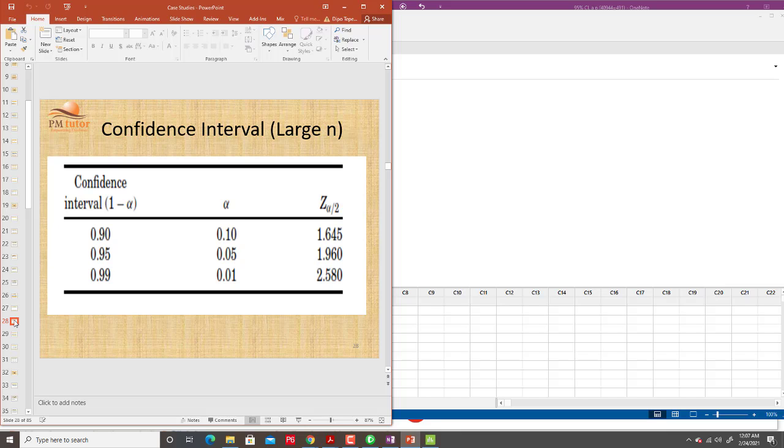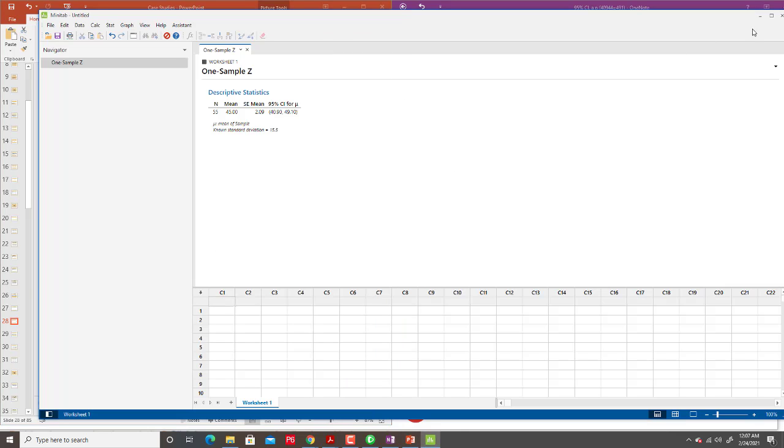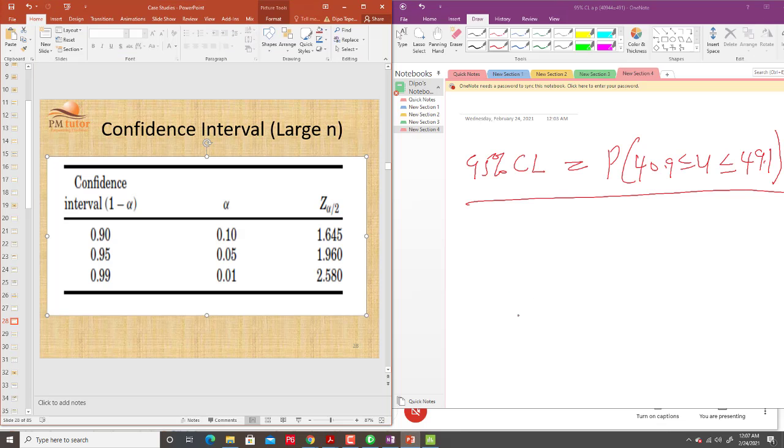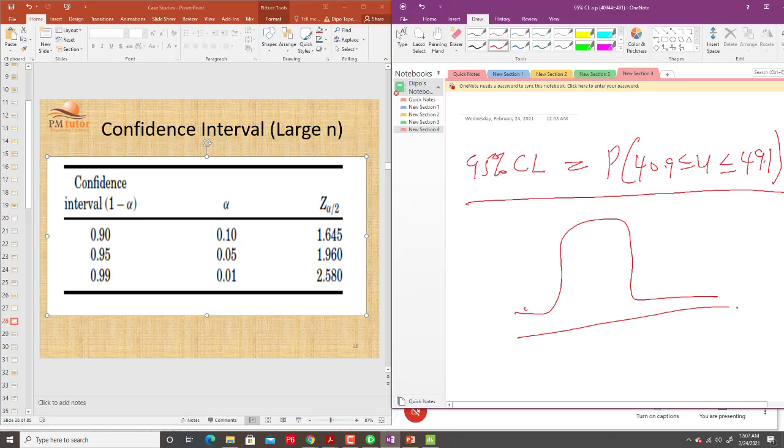Another thing you need to know is this. Instead of tracing those things on your table, there are some specific values they give you. You don't need to trace it anymore to find your Z alpha over 2. When you draw this and whatever the interval they give you, the tail will be alpha over 2.